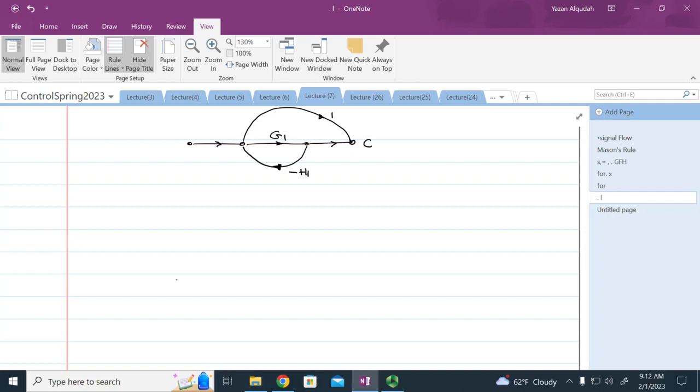Okay. What is the forward path gain? T1 equal to G1. Second path, T2 equal to 1. If you remove either one, we're not going to have any loops. So delta 1 is equal to 1. Delta 2 is equal to 1. How many loops do we have? One loop, negative G1 multiplied by H1, and therefore the transfer function is going to be 1 plus G1 divided by 1 plus G1 multiplied by H1.